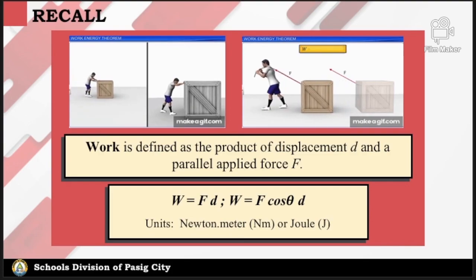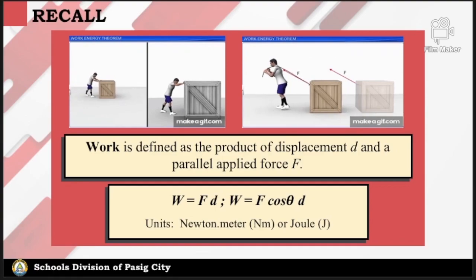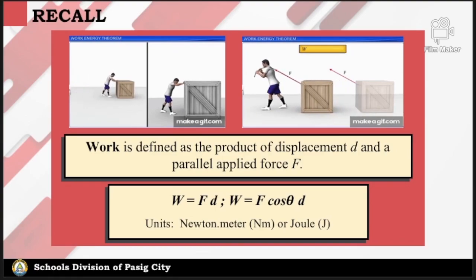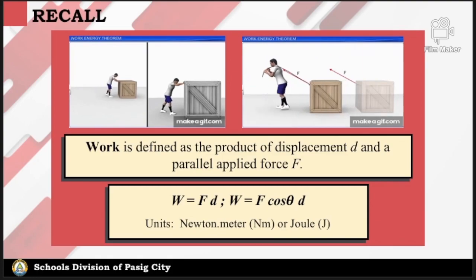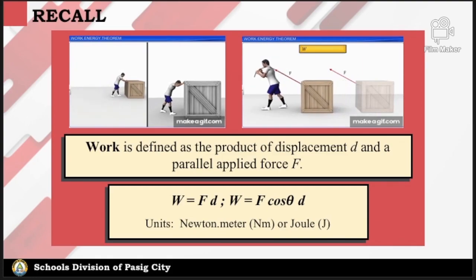In equation form, work is equal to force times distance or displacement, or work is equal to force multiplied by the cosine theta multiplied by the displacement. If the unit of force is Newton and displacement is in meter, therefore, the unit of work is Newton meter or joule.